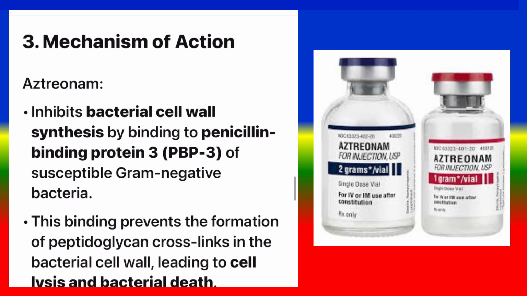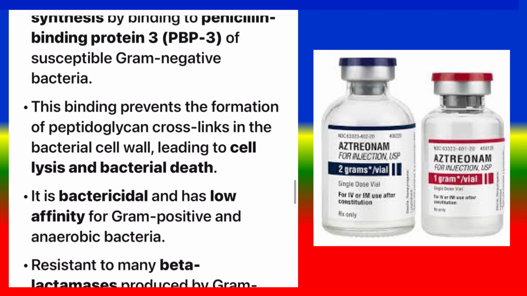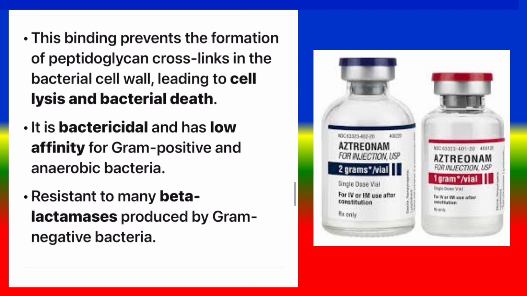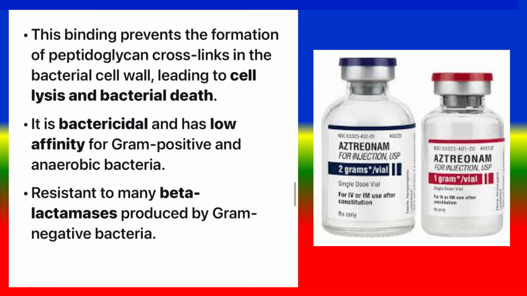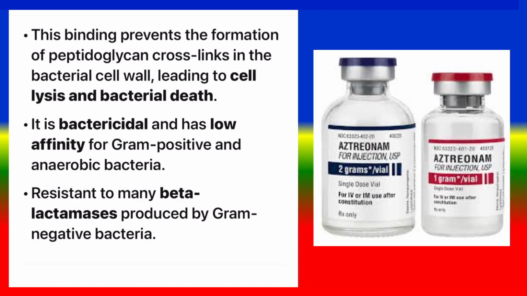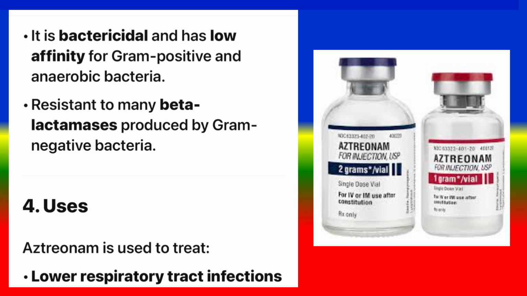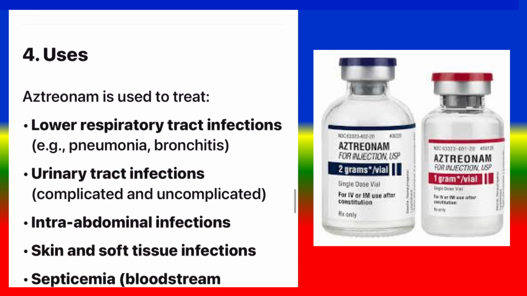Mechanism of action: Aztreonam inhibits bacterial cell wall synthesis by binding to penicillin binding protein 3, PBP3, of susceptible gram-negative bacteria. This binding prevents the formation of peptidoglycan crosslinks in the bacterial cell wall, leading to cell lysis and bacterial death. It is bactericidal, has low affinity for gram-positive and anaerobic bacteria, and is resistant to many beta-lactamases produced by gram-negative bacteria.